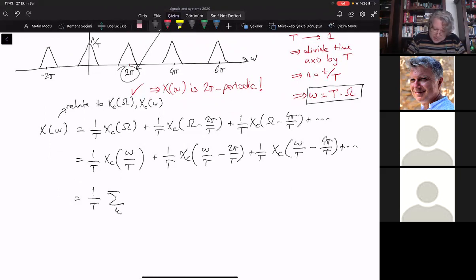It's a running index of k, x c, 1 over capital T in parentheses, because both omega and 2 pi's are always divided by capital T, omega minus 2 pi k, like this.